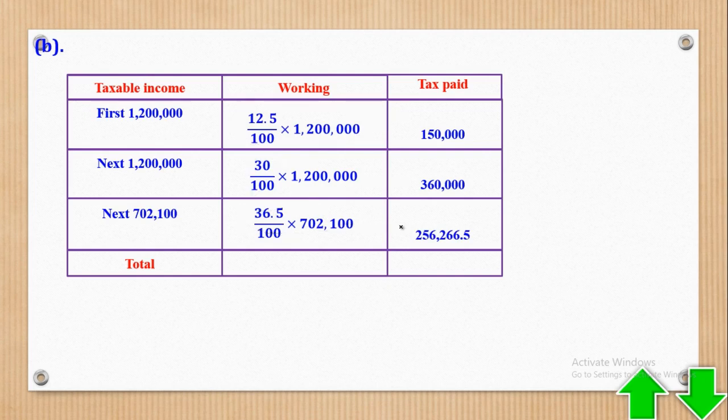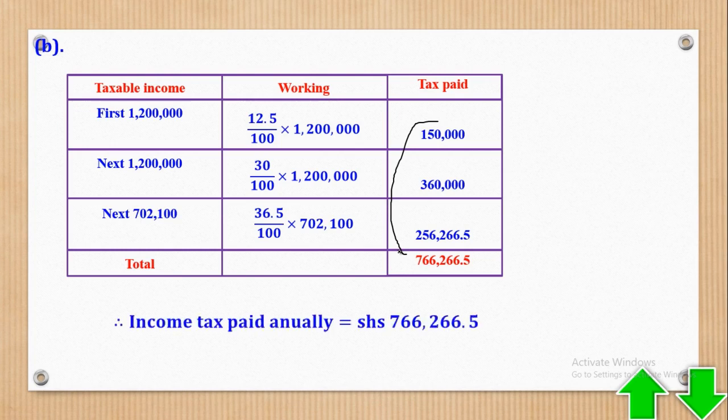So next is to use the calculator and add up all these values. When I add up, I'll come up with 766,266.5. So that is the total tax paid. Therefore, I'll conclude that my income tax paid annually will be equal to shillings 766,266.5. So basically that's what they wanted.